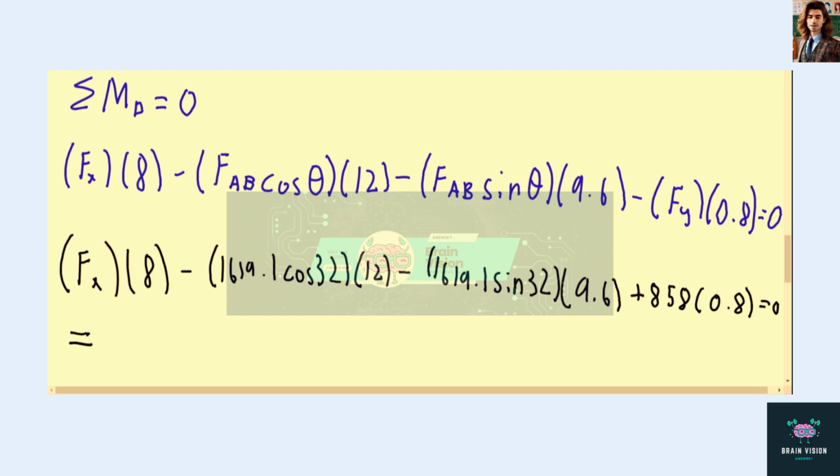And solving this equation for F of x, we'll get a force of 3,175 pounds.